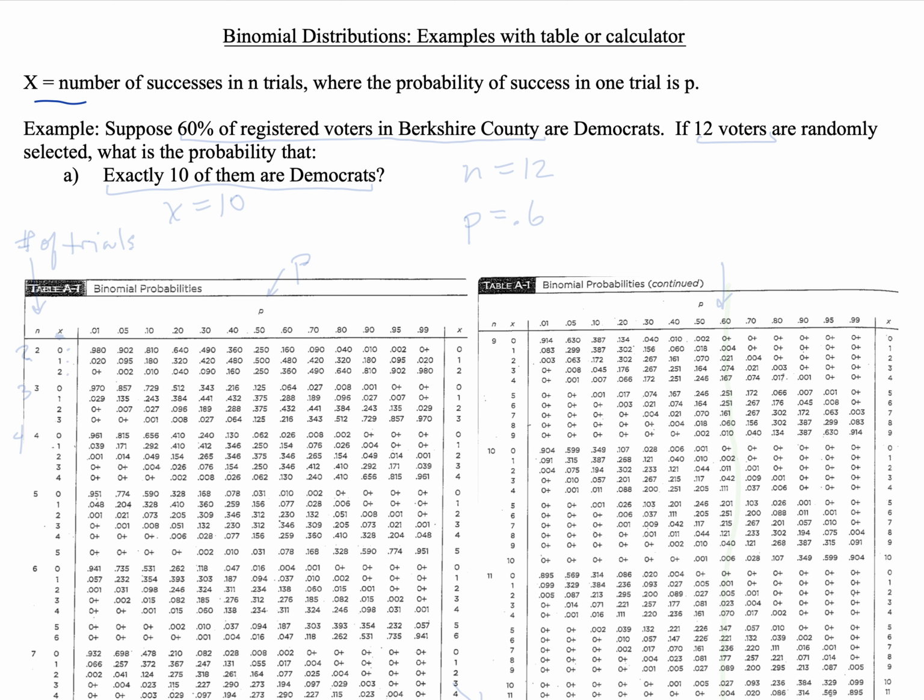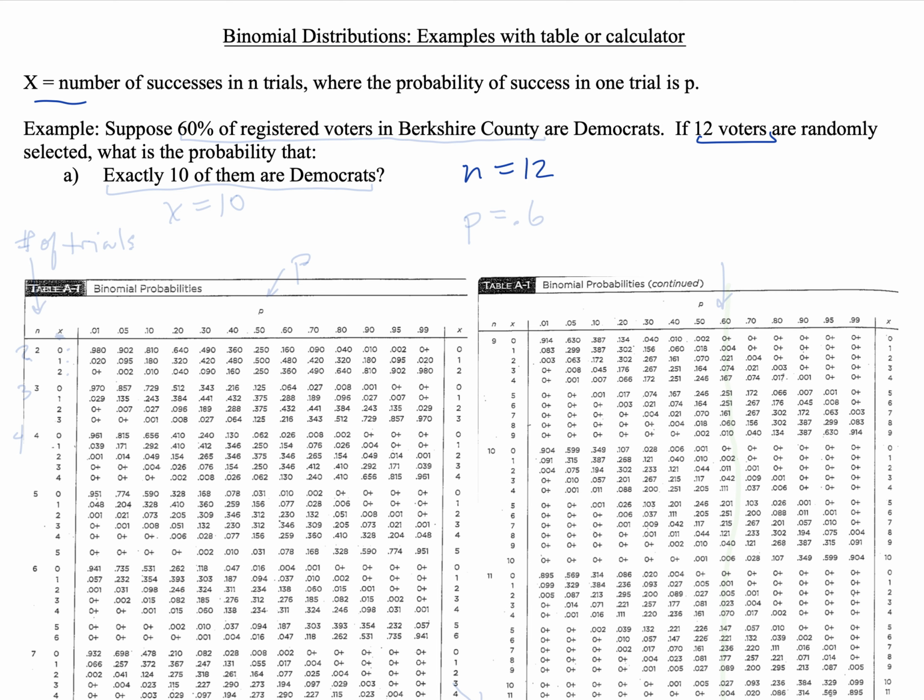Suppose 60% of registered voters in Berkshire County are Democrats. If 12 voters are randomly selected, what is the probability that exactly 10 of them are Democrats? Okay, so this is binomial because there are 12 trials, so n equals 12 is the number of trials.